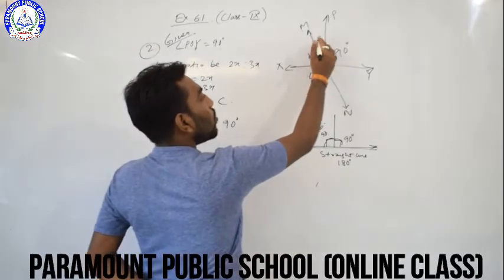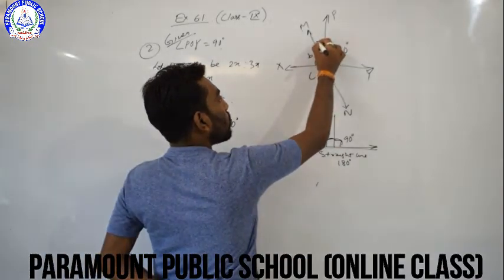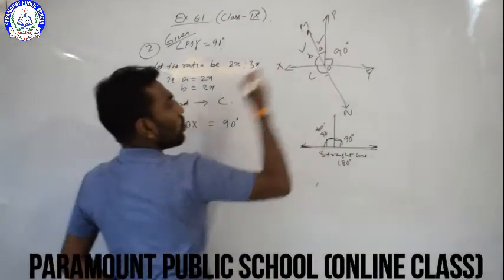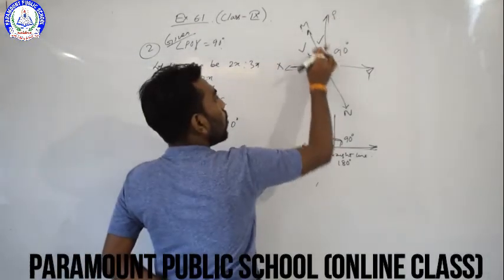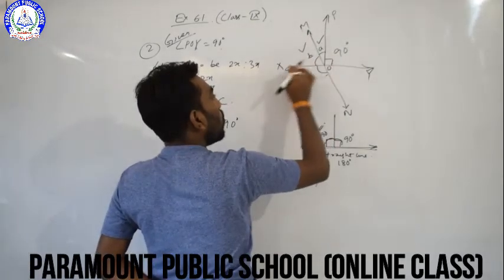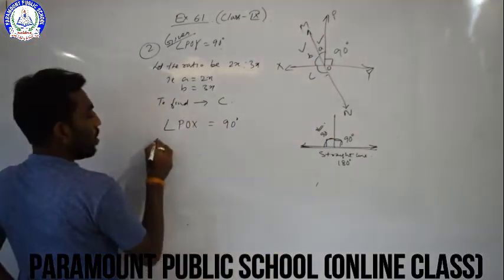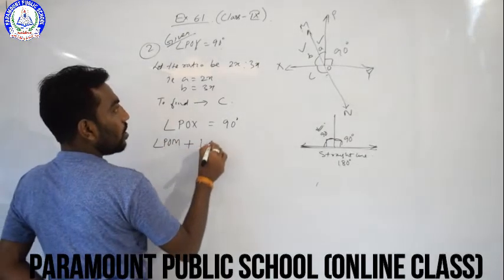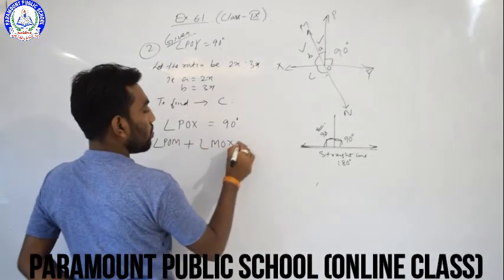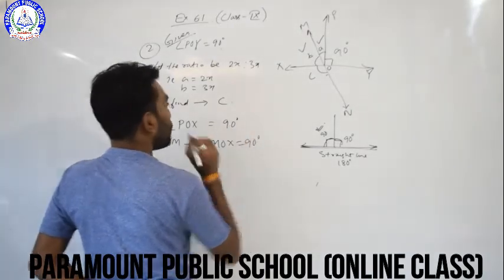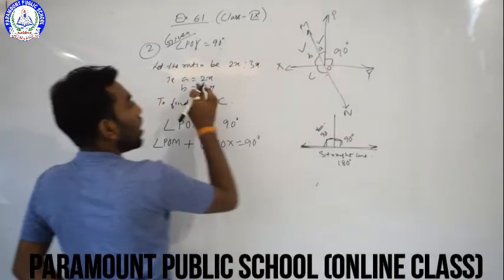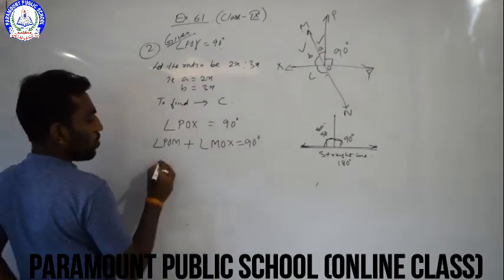POX is nothing but 90 degree. Now see here, POX contains two angles. One angle is this, another angle is this. So what is the name of the angle? POM and MOX. Angle POM plus angle MOX is equal to 90 degree. But what is the name of angle POM? That is A, and we know that A value is 2x.